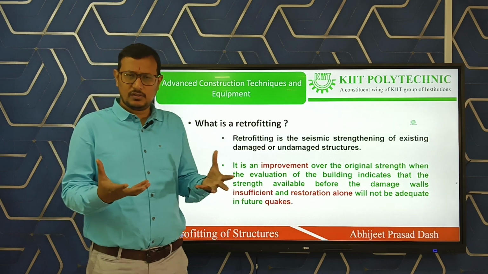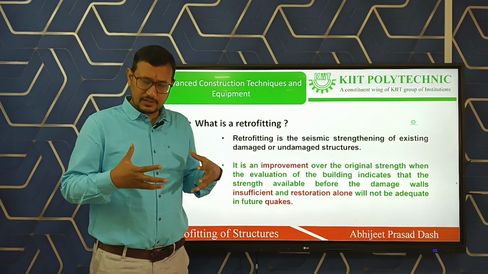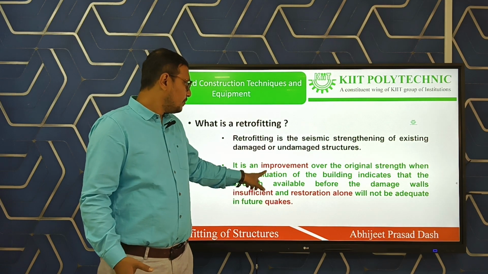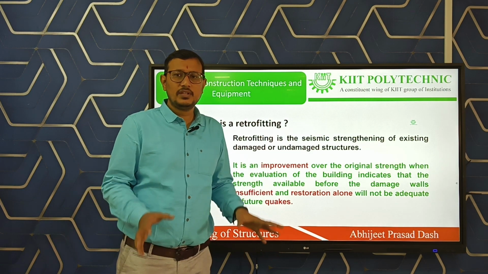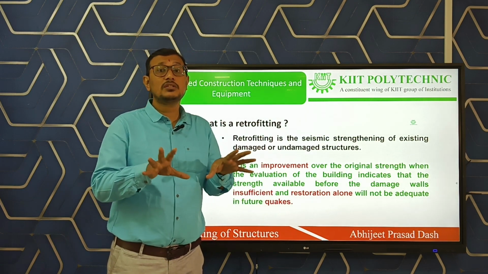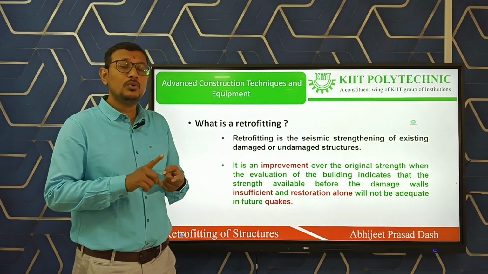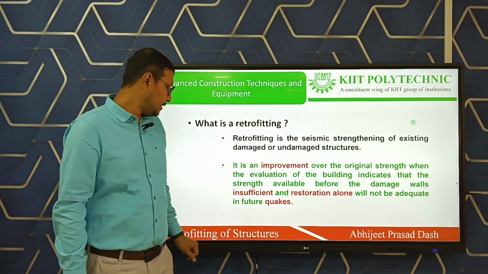So this is an old structure, and we are giving it strength to resist the quakes. First of all, we try to restore it. If restoration of the structure is not sufficient to resist earthquakes, then we go for the selection of the technique called retrofit.